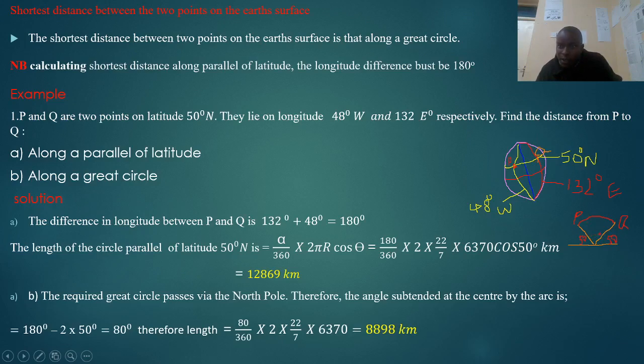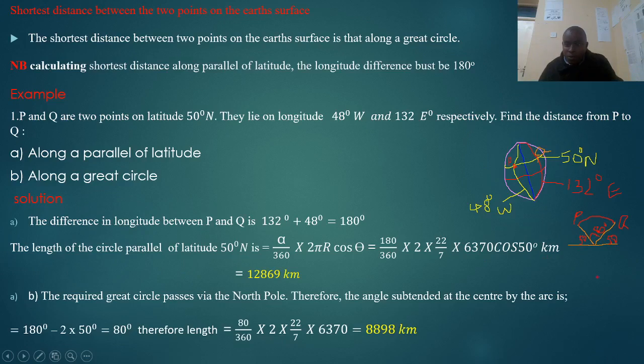Angles on a straight line add up to 180, so 180 minus 50 and 50, 180 minus 2 times 50, becomes 180 minus 100, which is 80 degrees. So that is the angle that will be subtended.